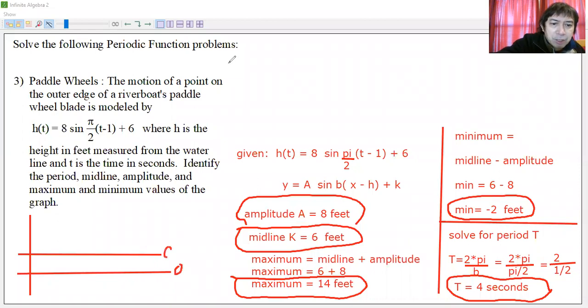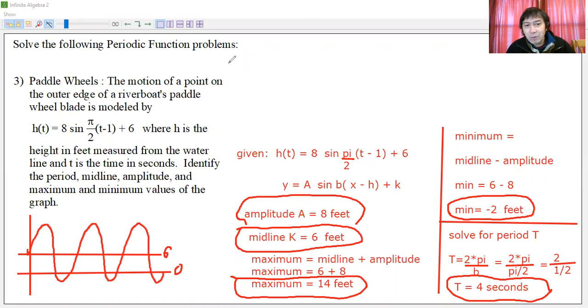Our graph swings along the 6, because that's the midline. That means our sine graph is doing like this. So the lowest part is lower than the 0 line, and that's the negative 2 there.